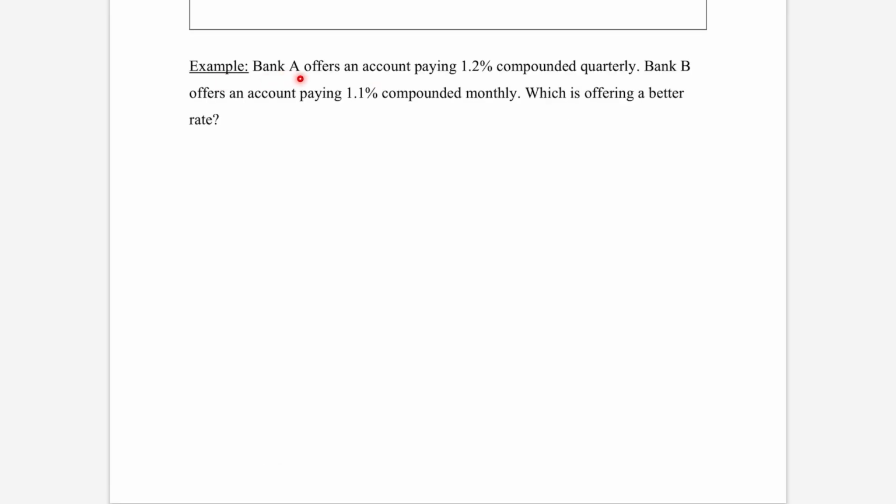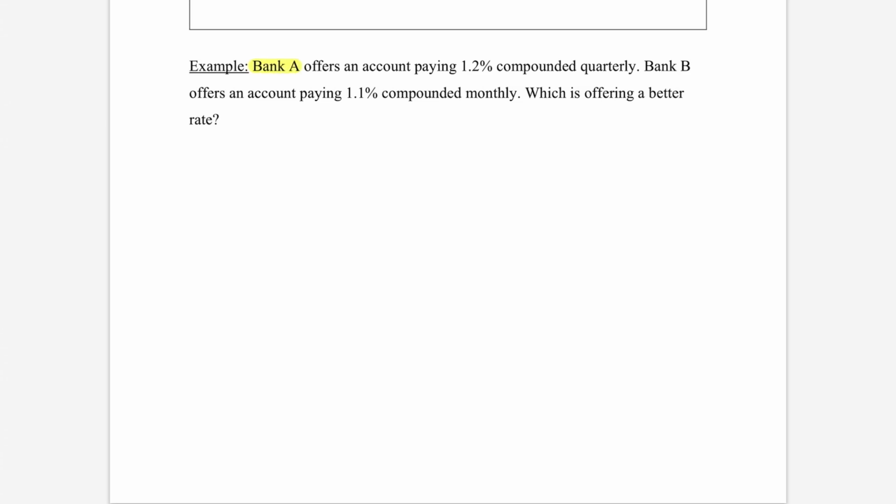Example: Bank A offers an account paying 1.2% compounded quarterly. Bank B offers an account paying 1.1% compounded monthly. Which is offering a better rate? So we have two different banks.